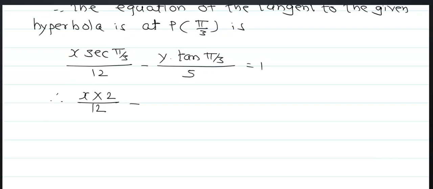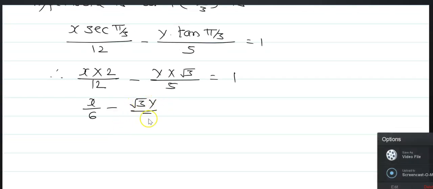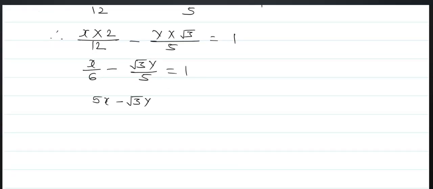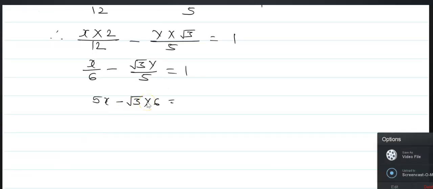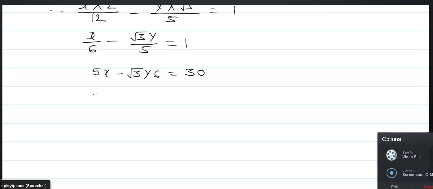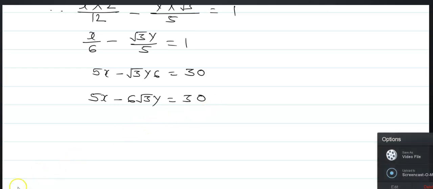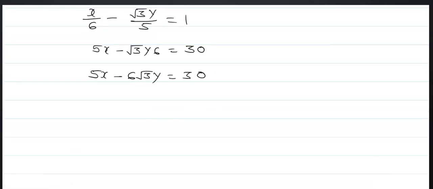Therefore, x into 2 upon 12 minus y into root 3 upon 5 is equal to 1. Therefore, x upon 6 minus root 3y upon 5 is equal to 1. 5x minus root 3y into 6 is equal to 5 into 6, which is 30. Therefore, 5x minus 6 root 3y is equal to 30. This is the required equation of the tangent.